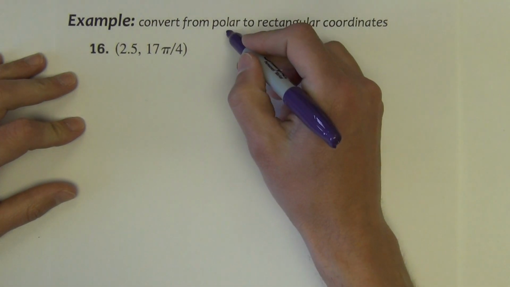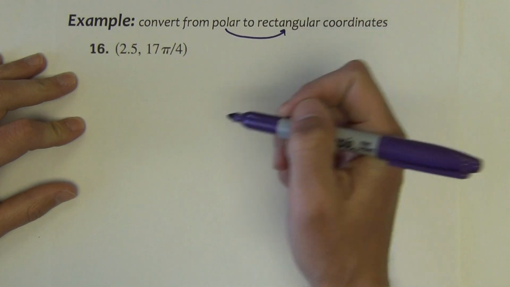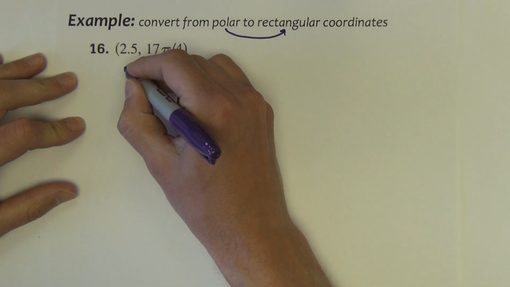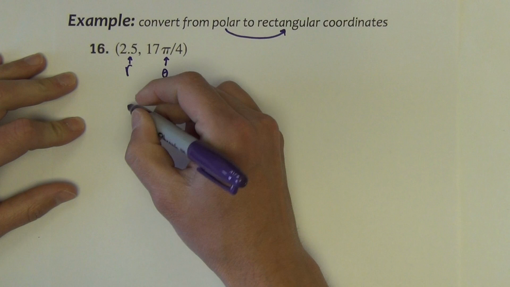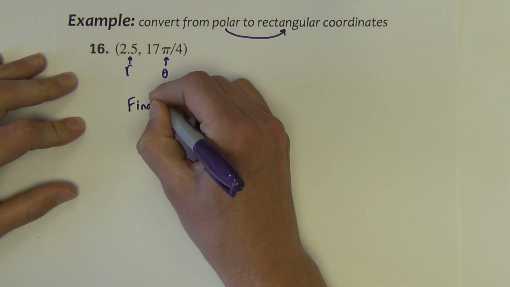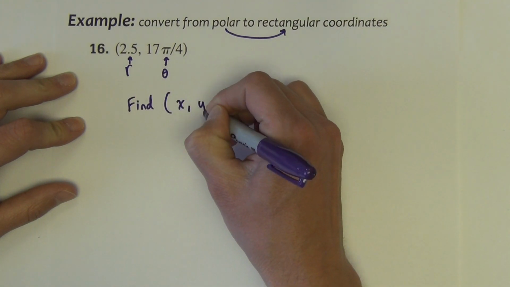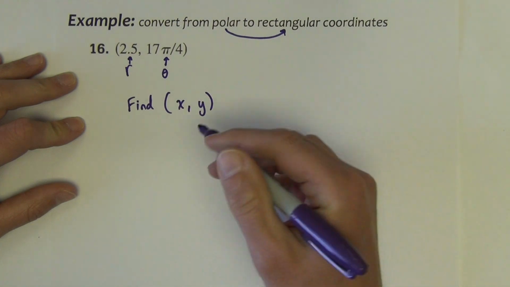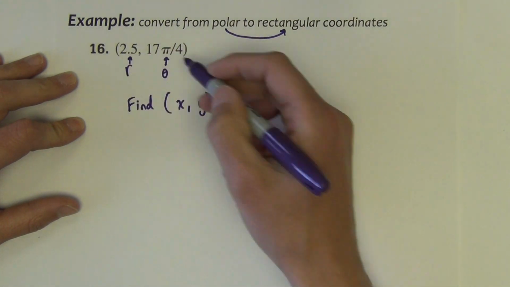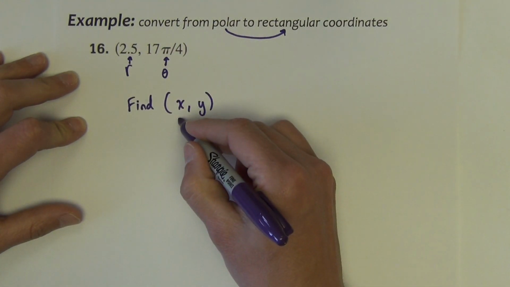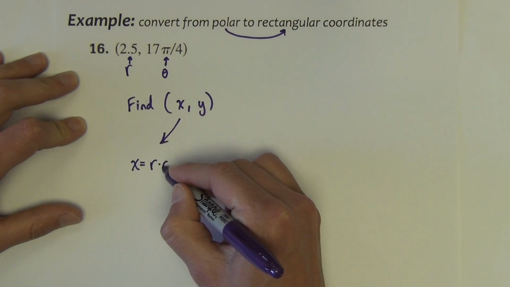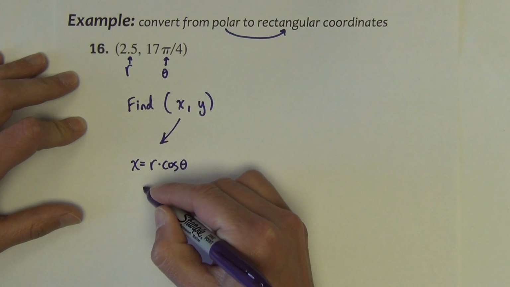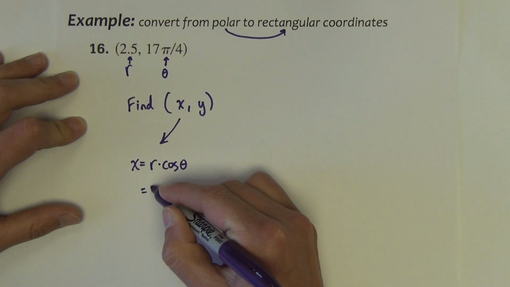This first one is wanting to go from polar to rectangular, so that means that this is an r and a theta, and we want to find the x, y point that is equivalent to this r and theta. Well, x equals r times cosine of theta. So the r, I've got 2.5.